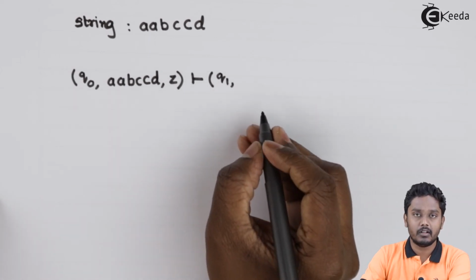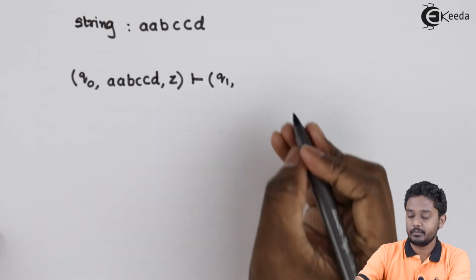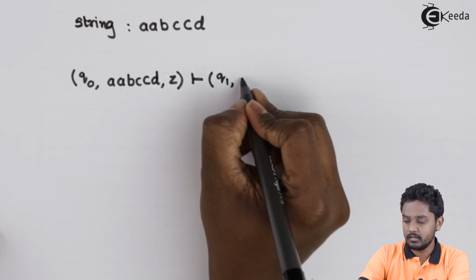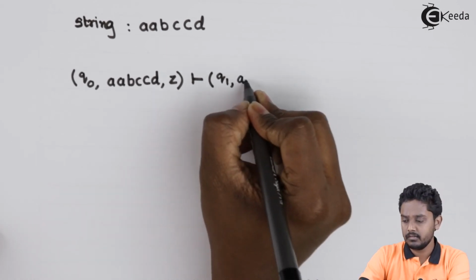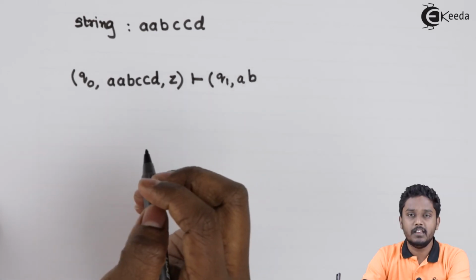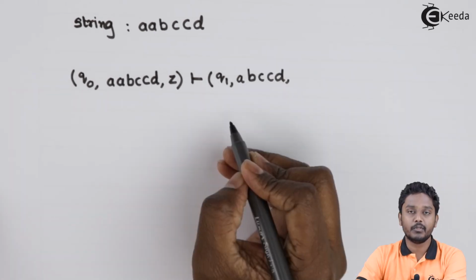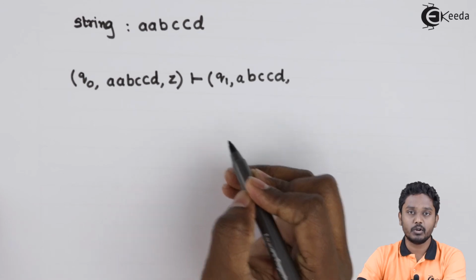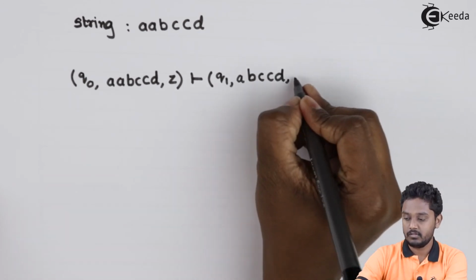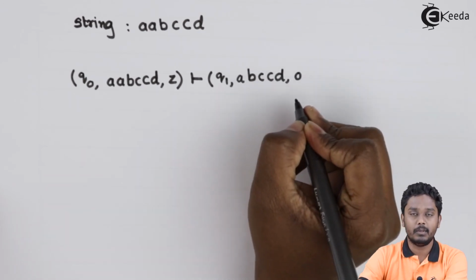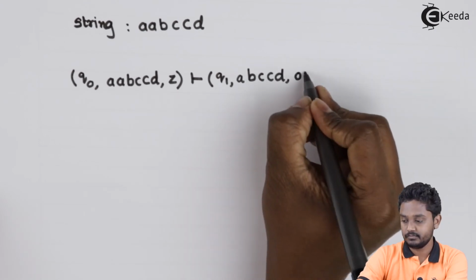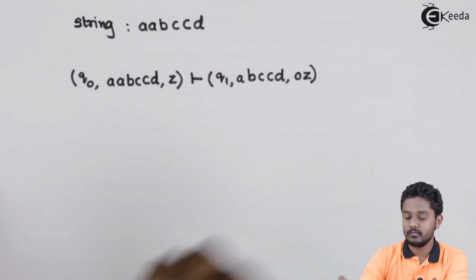The rest of the string is A, B, CC followed by D. Because of the first A, we will be pushing a 0 onto the stack. So this will be 0, Z.